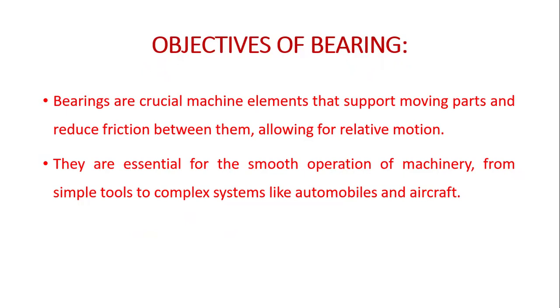Say for an example, consider a shaft and a bearing support. The shaft will be rotated very safely with the control of the bearing fixed at both the dead ends of the shaft.